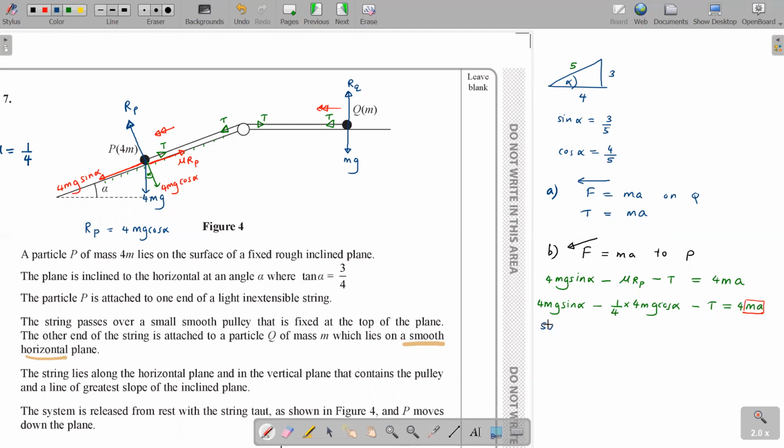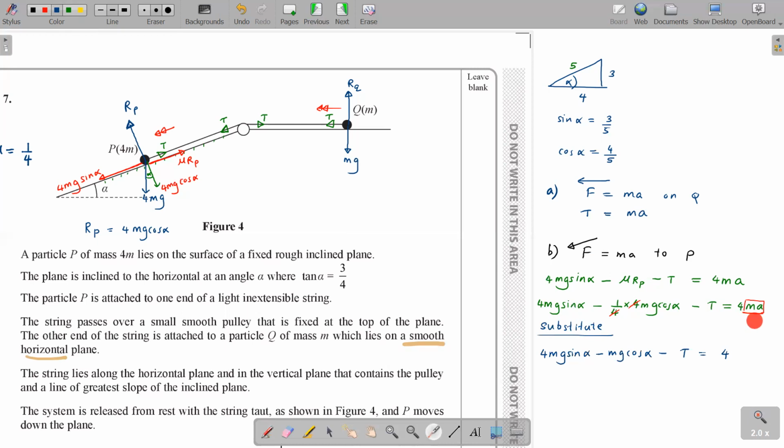So I'm going to substitute. When I substitute, I get here 4mg sin alpha minus 1/4, and 4 will cancel, and I get mg cos alpha minus tension equals 4ma.